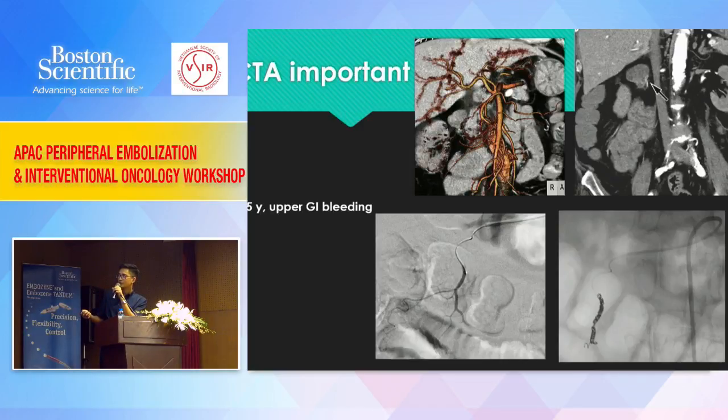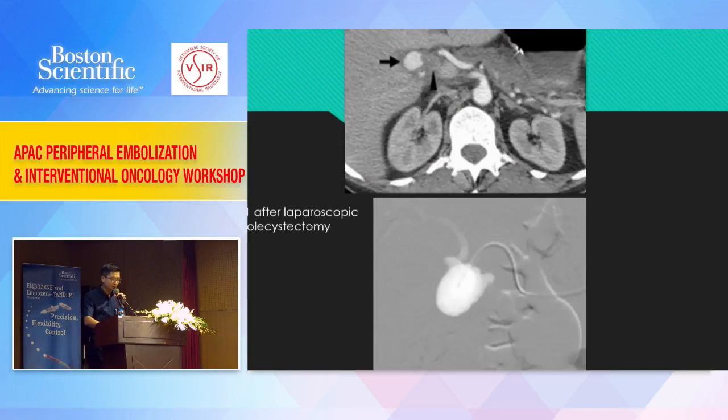On CT scan, we see a diverticulum with hypervascularity in the wall. On angiography, we didn't see the extravasation, but we see the small branch come to the diverticulum, and we just occlude that by coil, and it stops bleeding.